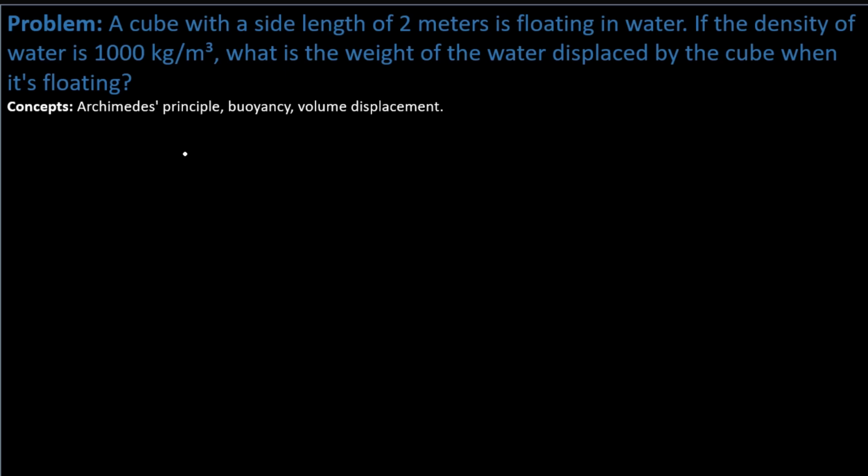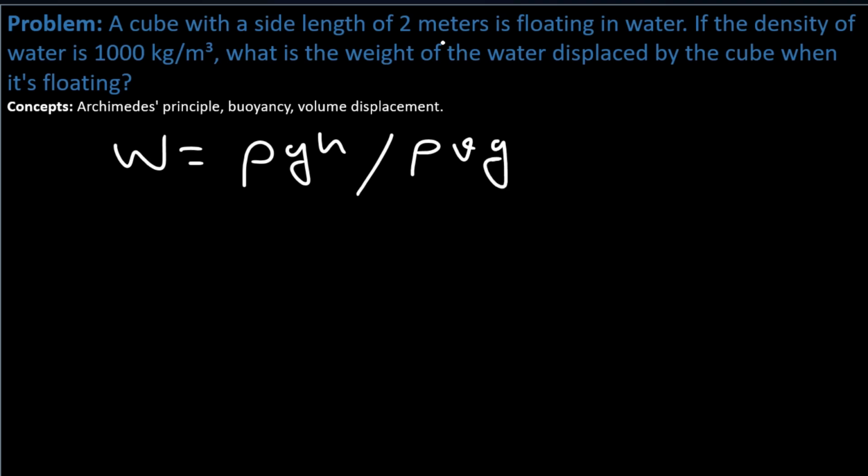So here we need to find W equal to rho V G. Here we have a 2 meter side, so V equals L cube. So 2 meter cube, it's 8 meter cube.